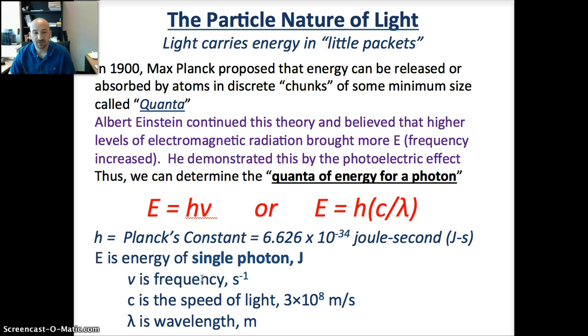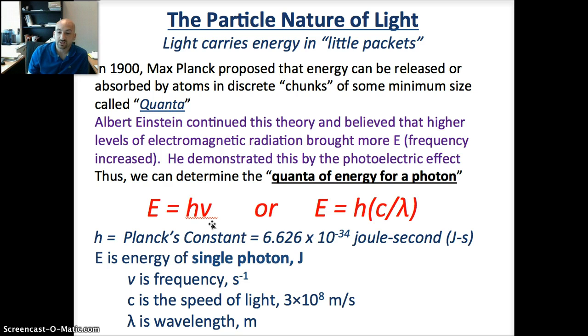So Max Planck found that the energy brought in these packets could actually be calculated with the frequency multiplied by a constant that he was able to define, which is called Planck's constant. I will give you Planck's constant on an exam, but you should know these equations. E equals Planck's constant times the frequency.